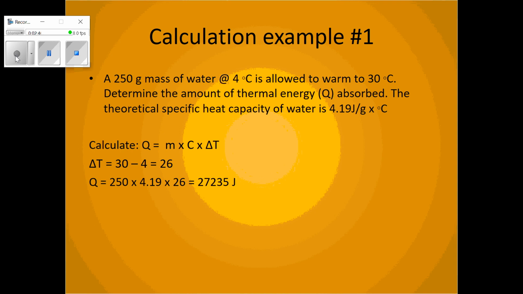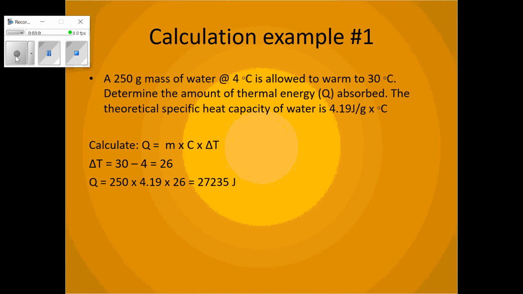The theoretical specific heat capacity of water is 4.19 joules per gram per degree. What that means is 4.19 joules of energy is required for 1 gram of water to rise by 1 degree. To calculate that, we use our lovely Q equals M times C times delta T equation.